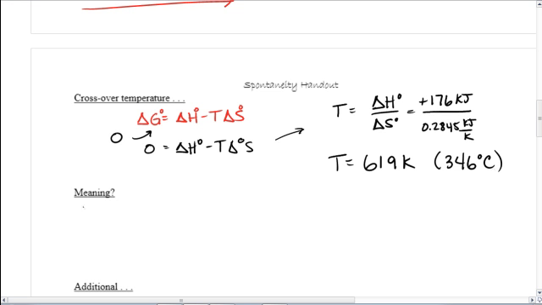So, meaning, first of all, this is what we would call the standard state equilibrium temperature.